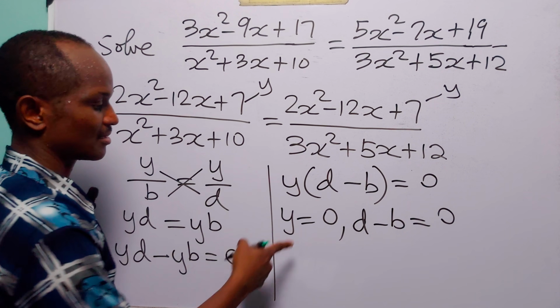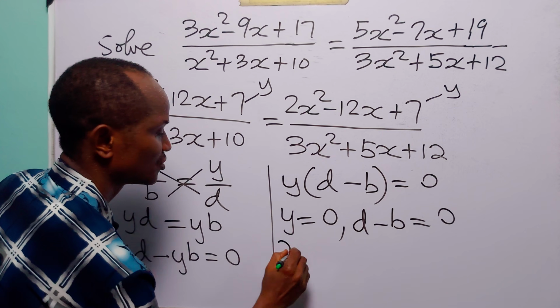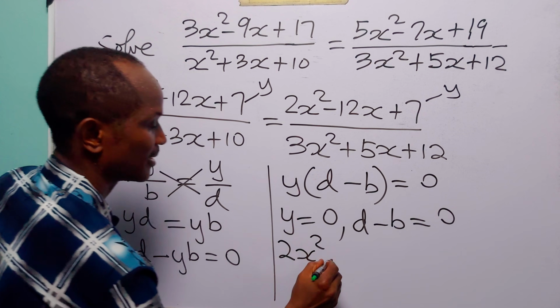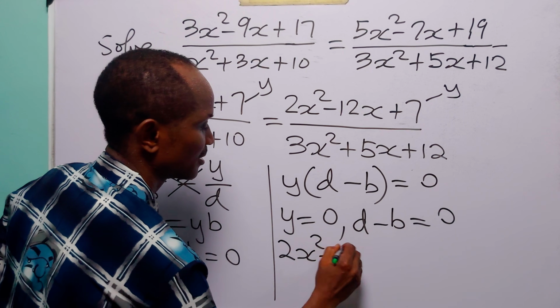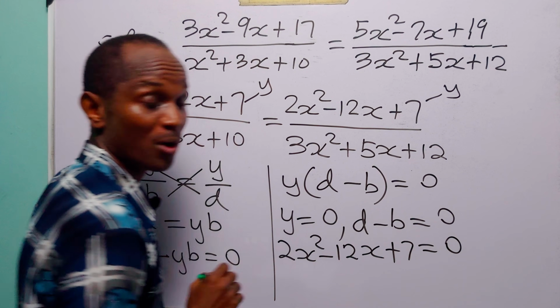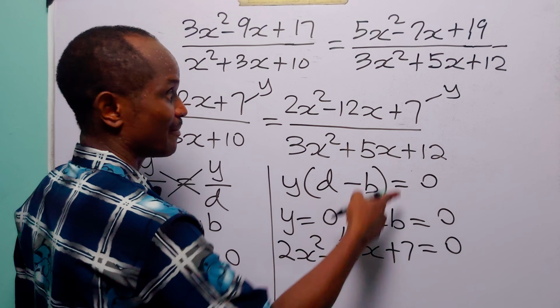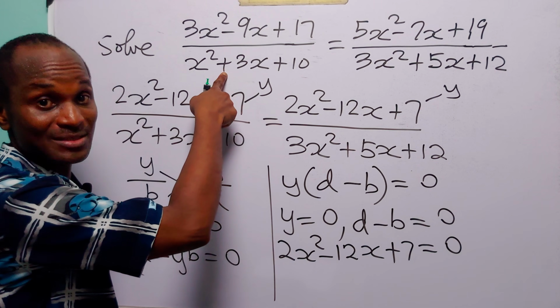So that means that either y, which of course is 2x squared minus 12x plus 7 is equal to 0, or d minus b. Remember, this is d and this is b.